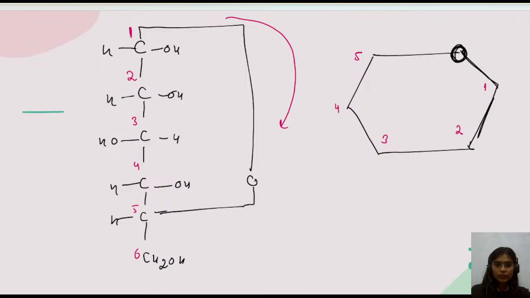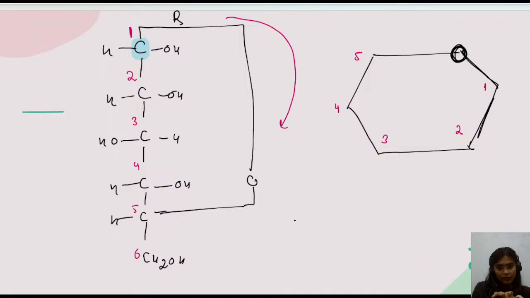Now look at this first carbon. Be noted that whatever we present on the right-hand side, you have to put down; we are just tilting it this way. After the rotation, the OH looks like this.